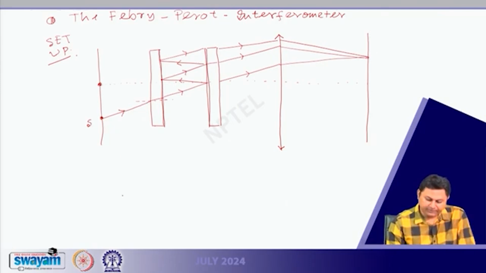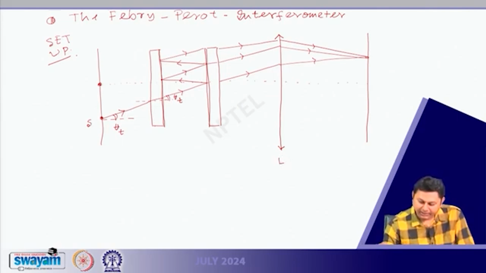So this is the incident ray, and this is the way the light is reflected back from these two systems, which we call the cavity. If this angle is theta t, then this angle will essentially be theta t, and these three rays are going to merge by a lens system I call L, and here all these transmitted rays are going to interfere, and as a result what we see here is some pattern.